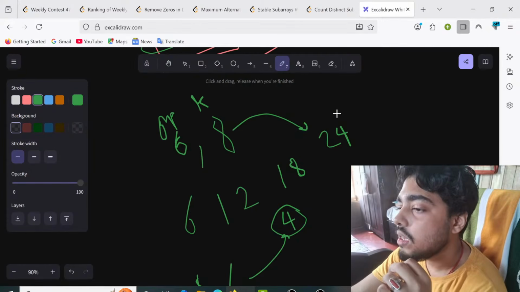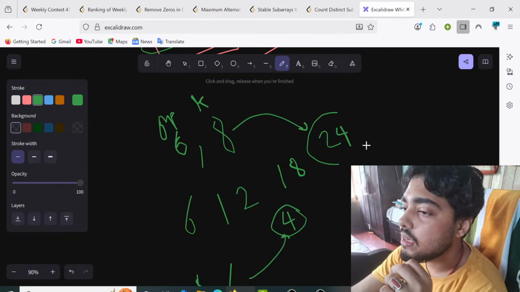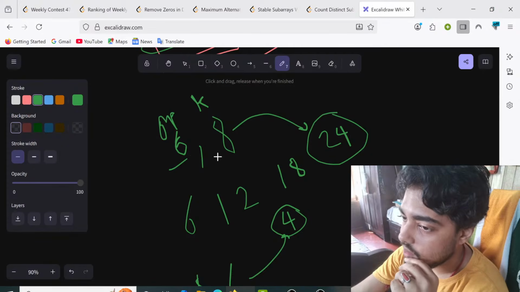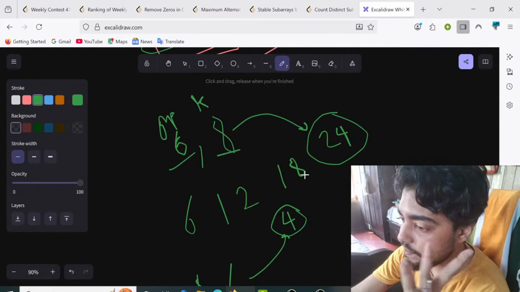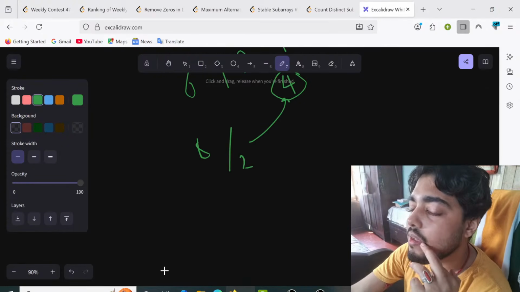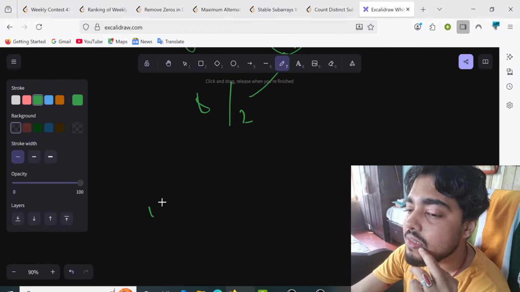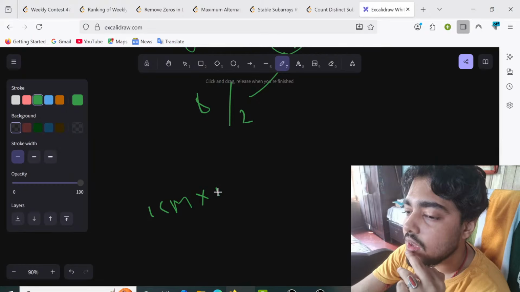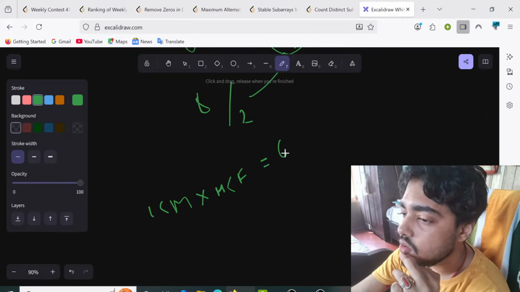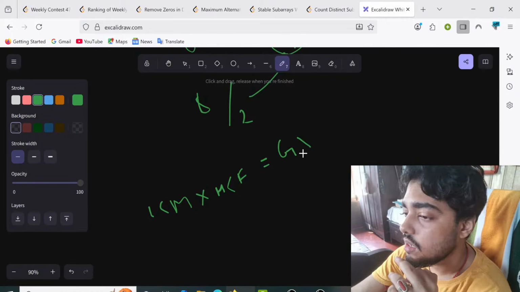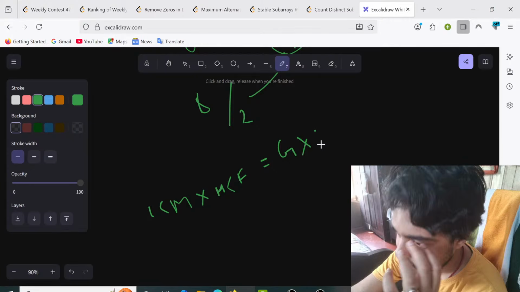Because, look, this number is the LCM of this and this, right? This is the LCM. And we know that LCM into HCF is equal to the element of that group into K. Correct?